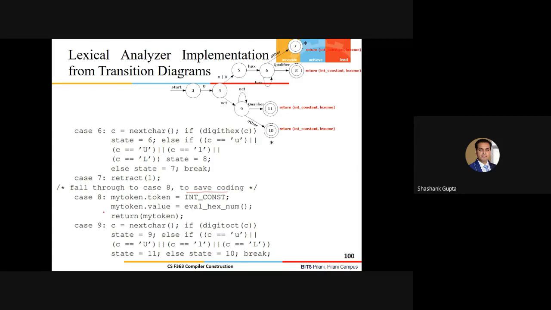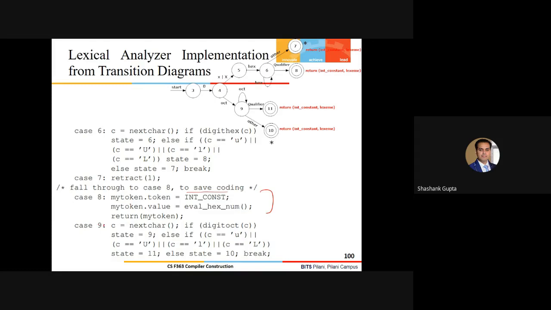The value is related to the lexeme. So what exactly is the value? I'll evaluate it using the function that evaluates the hexadecimal number. And finally, I'll return my token. The same procedure which we followed in the case of identification of keywords and identifiers.